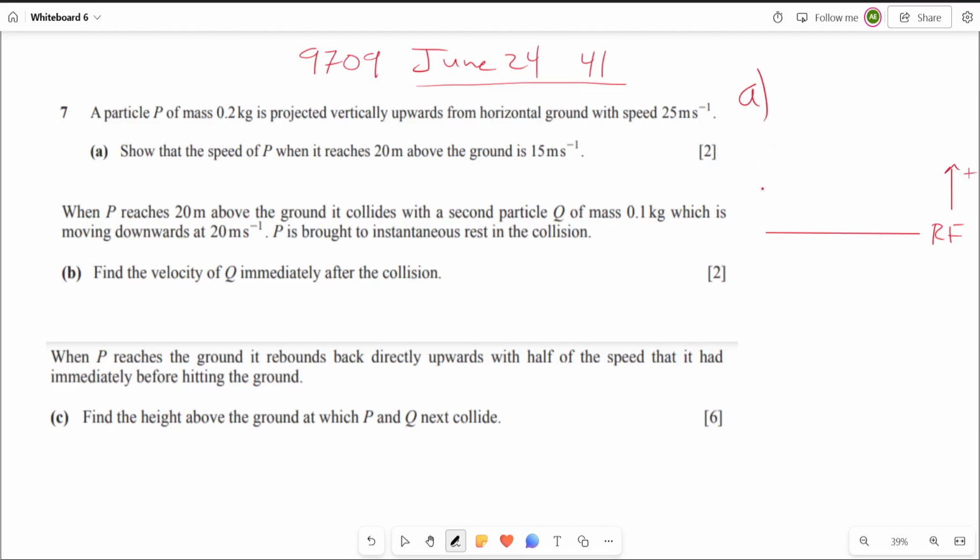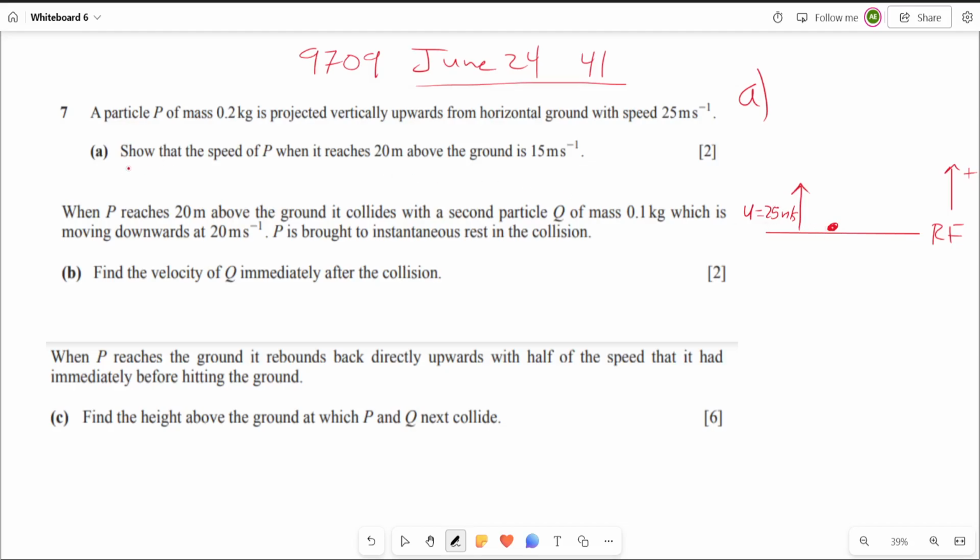So anything acting upwards is positive, and any displacement that is above this horizontal ground is also positive, and anything in the other direction, which is downward, is going to be negative. So it says that I have a particle over here. It's projected upwards with a speed u equals 25. Why positive 25? Because u is pointing upwards and up is my positive direction. So it's positive 25 meters per second.